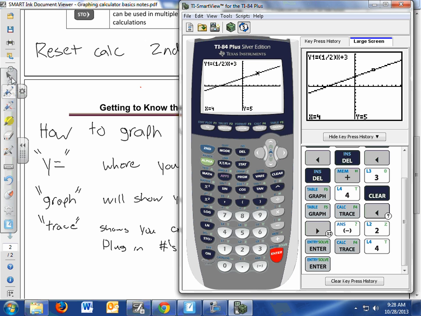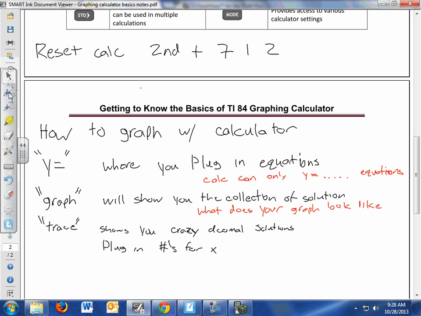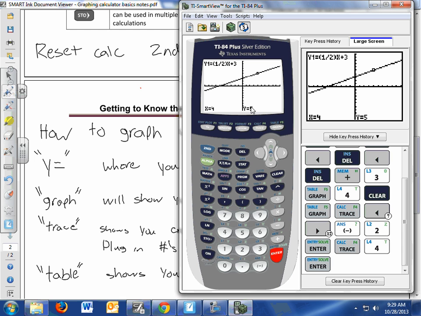Another way to see a bunch of different solutions is with the button table. It shows you a bunch of solutions. So, table is above graph. To access it, it's in blue.